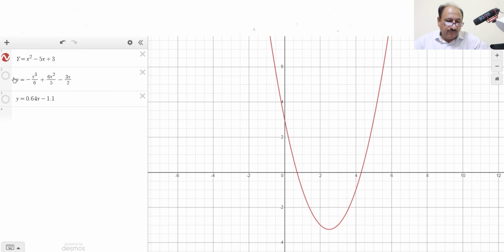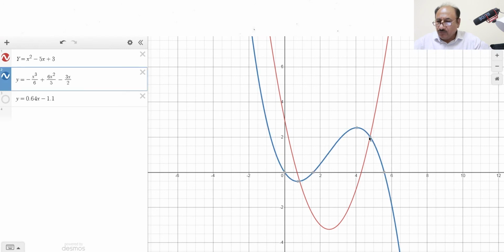And now if we plot the other one, which is minus x cube over 6 plus 6 x square over 5 minus 3x by 2, we will get this curve over here, and these will be the points of intersection which we can check.